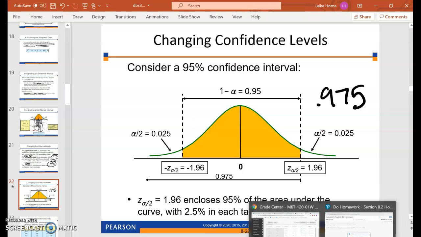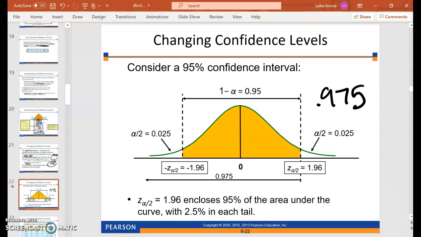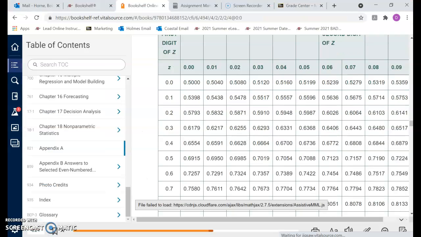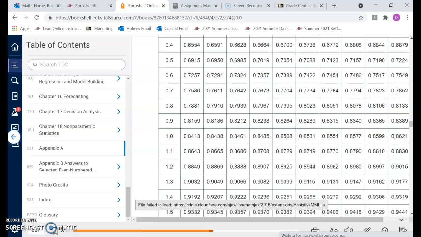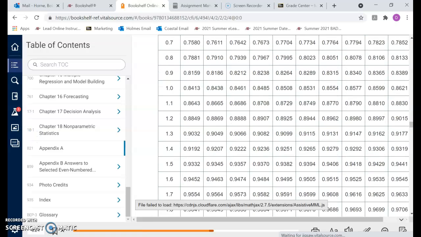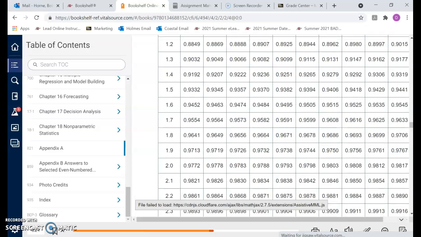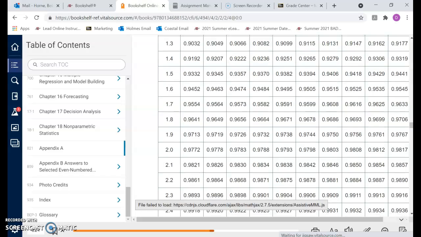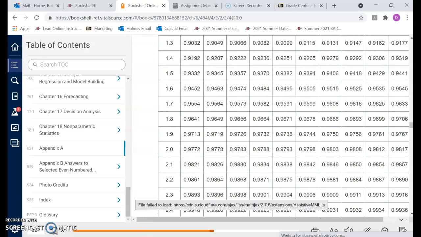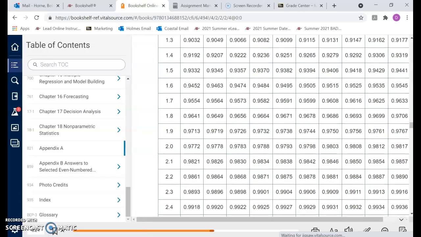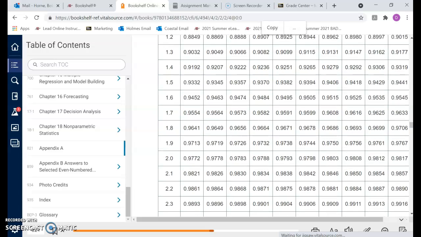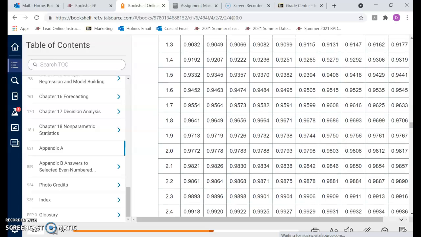Let me show you what I mean real quick. Okay, this is table 4 in the appendix. So I'm looking in the table. It's kind of like a reverse phone lookup, when you have the phone number and you need the name. Well, here I have the probability and I need the z-score.